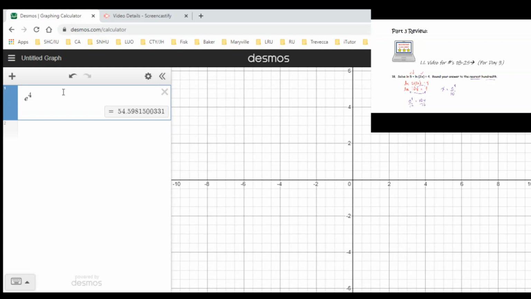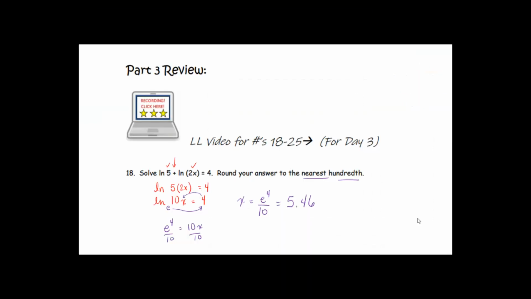Now, use your right arrow to come out of the exponent and then divide by 10. And so this is how I'm going to get, rounding to the nearest hundredth, 5.46. Okay, so just a reminder, when we want the exponent, I've got to do shift 6. That'll put me in the exponent. And then I've got to use my right arrow to come out of the exponent. So I hope that helps.